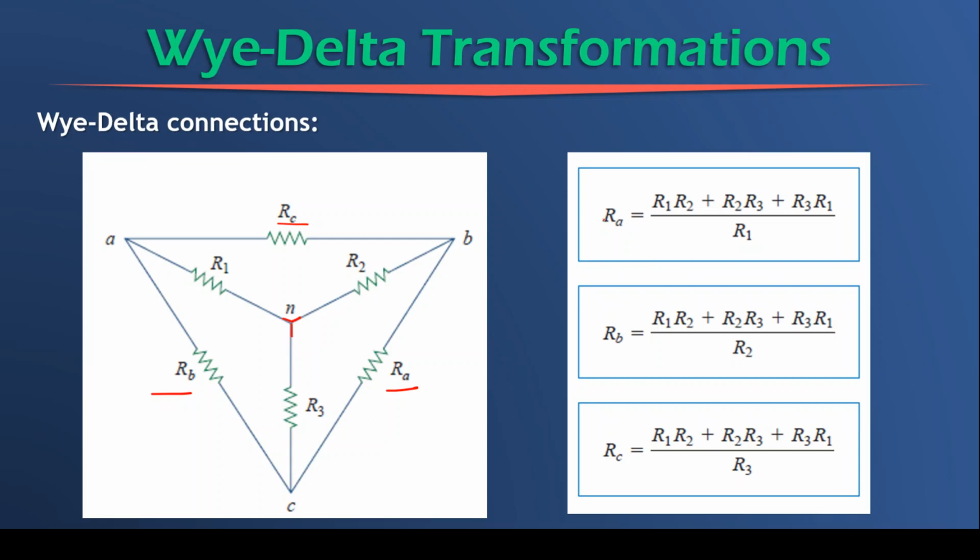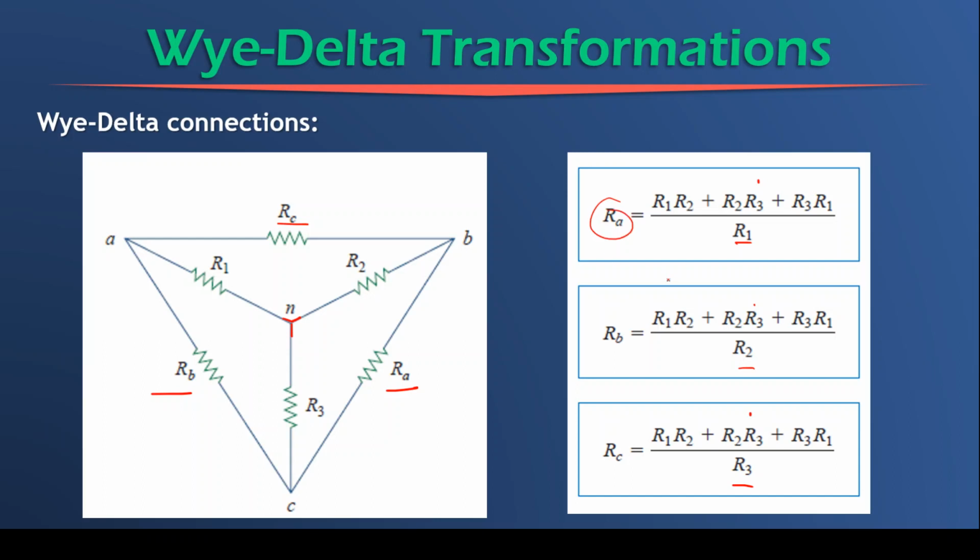For RA, we're going to have the multiplication of R1, R2 plus R2, R3 plus R3, R1 divided by the resistor R1. If we analyze that, we'll see that for RA, RB and RC, the numerators are the same. However, the denominators are different.